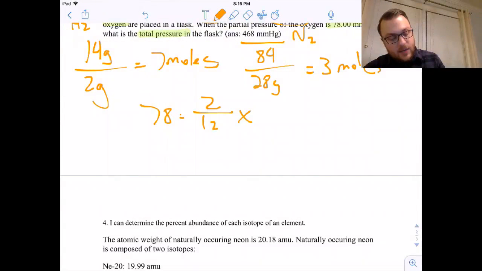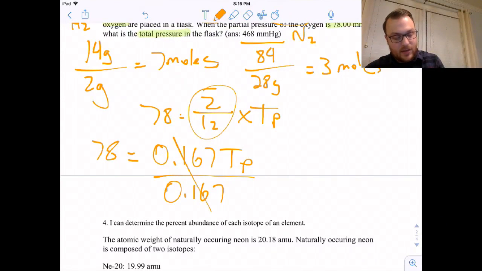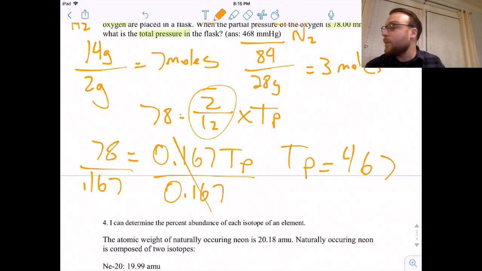So 78 is going to equal, I'm just going to change that into a decimal, 0.167 times the total pressure. Divide both sides by 0.167, and you will get a total pressure of, this calculation based on a little bit of rounding, 467, which is close to 468.